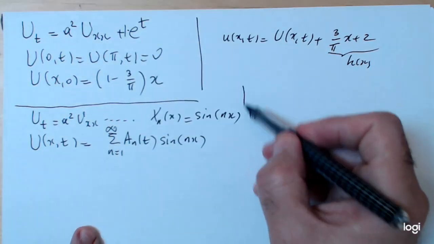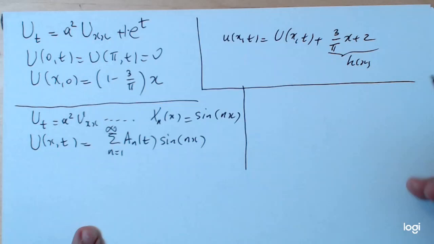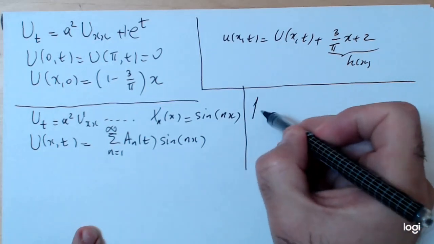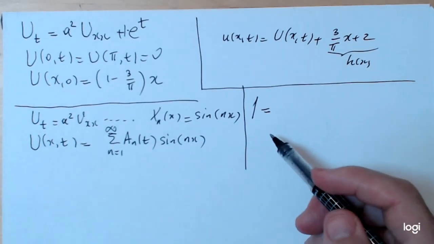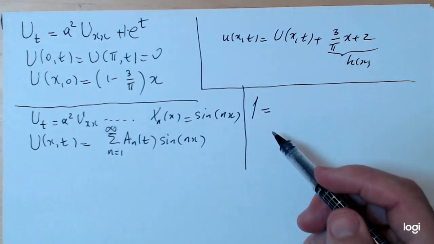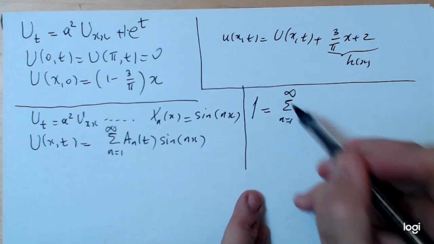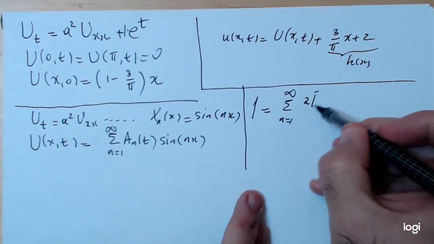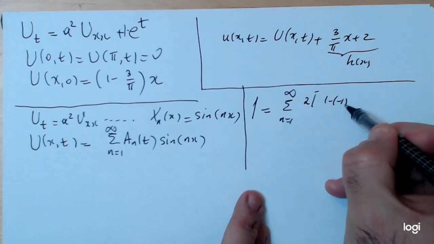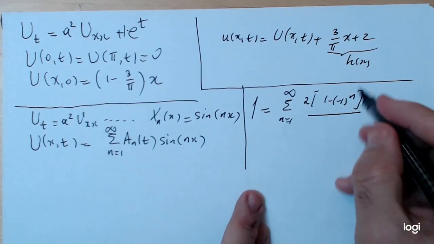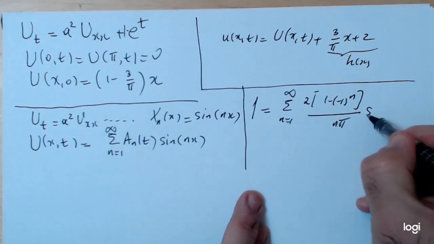So now I'm going to look at the table and get 1 as a Fourier sine series in the interval 0 pi, and that is going to be summation from 1 to infinity, if you look at the table, 2 times 1 minus minus 1 to the n over n pi sine of nx.